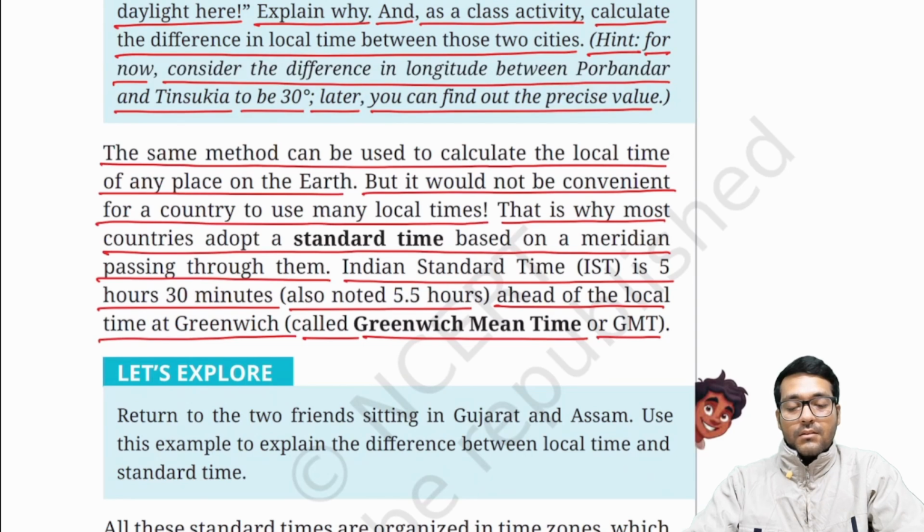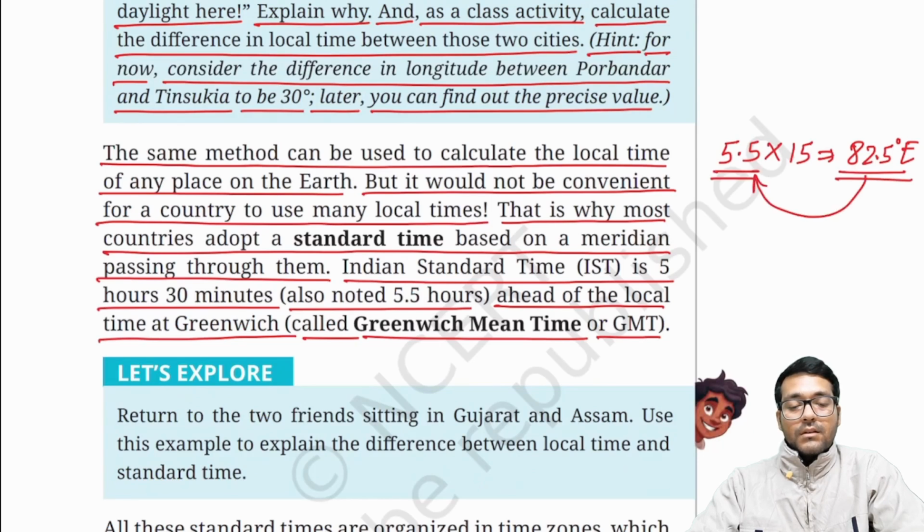Please note that for adopting a standard time, a meridian of longitude is selected and time corresponds to that meridian is taken as standard time. For India, the standard time meridian is 82.5 degree east.